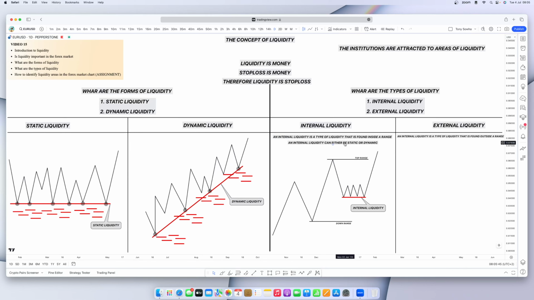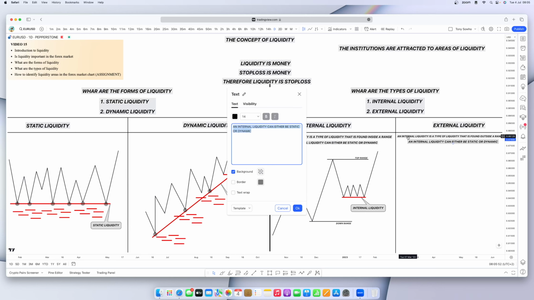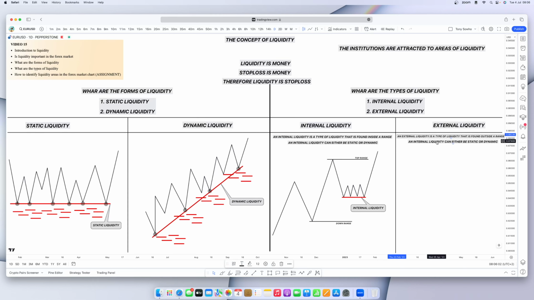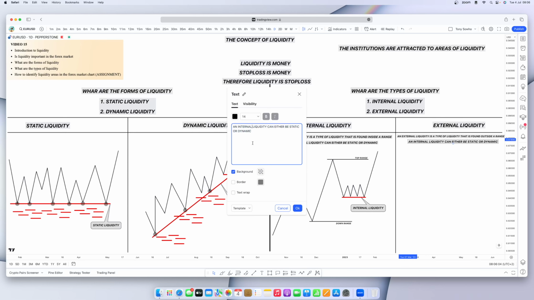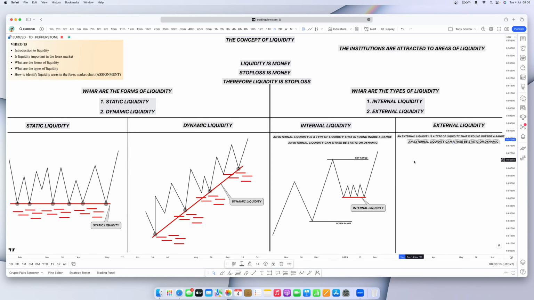Then we can now bring this and say again that a static and internal liquidity. Oh, sorry, I'm supposed to put this as an external liquidity. It is a type of liquidity that is found outside the range, and external liquidity can either be static or dynamic also, definitely.